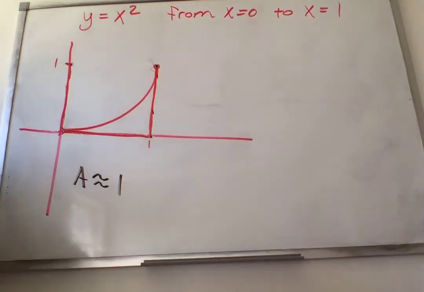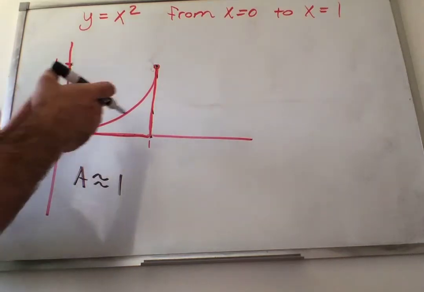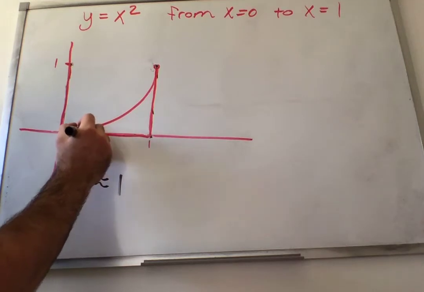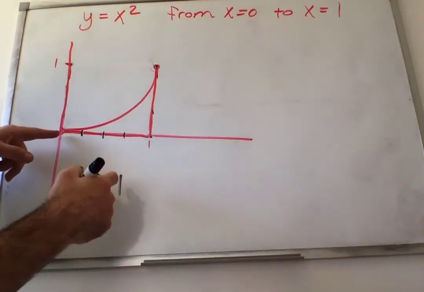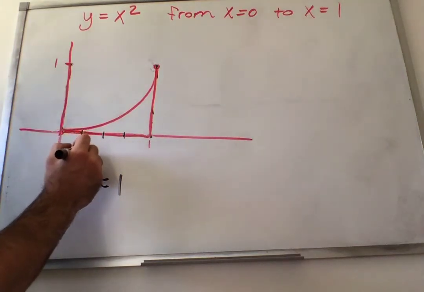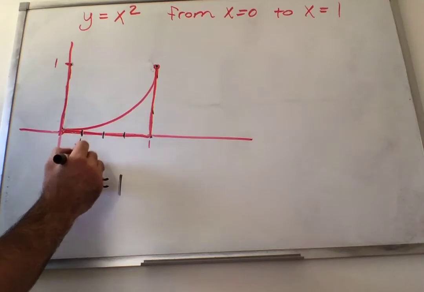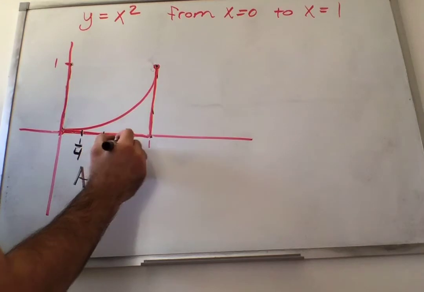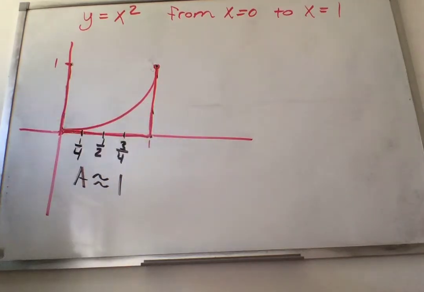Now let's split this up into 4 different rectangles. We did 1 rectangle. Let's see what happens if we split it up into 4. I'm going to make them all equally sized, which means the widths are all the same. If this is a line segment going from 0 to 1 and I split it into 4 equal parts, that'd be 1/4 here, 1/2 here, 3/4 here, and up to 1.